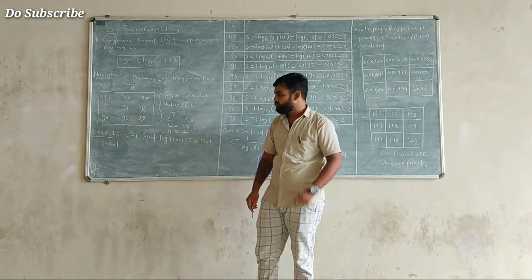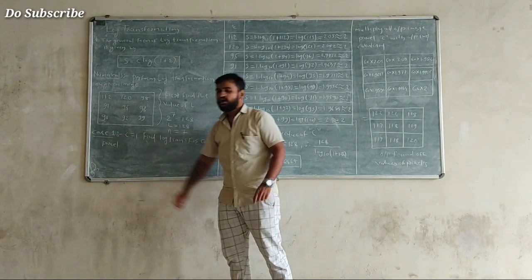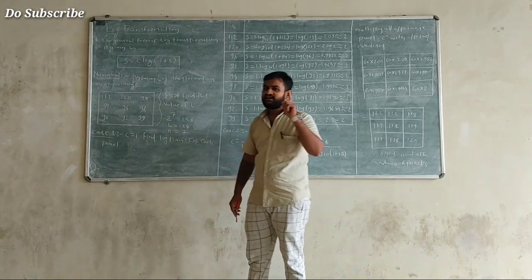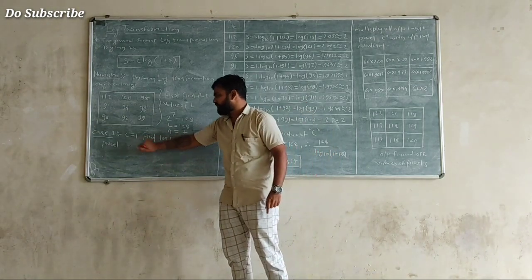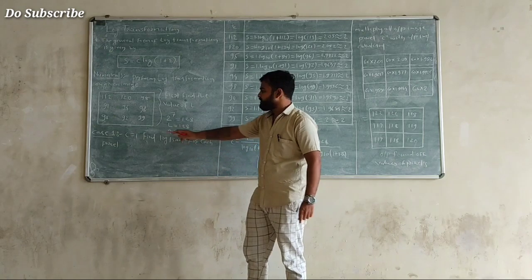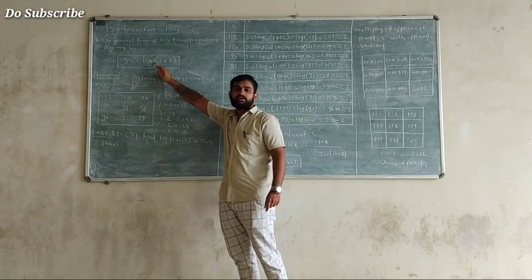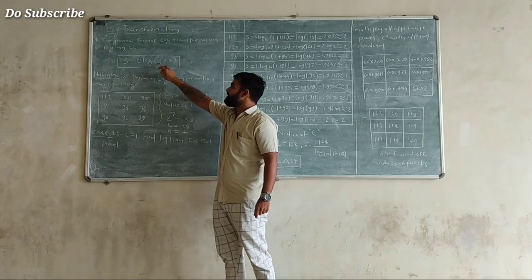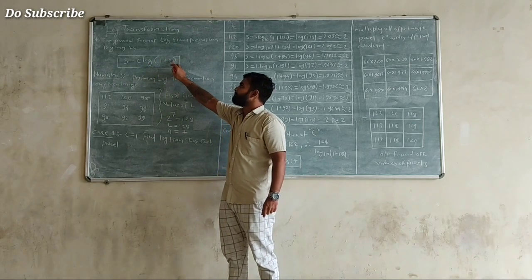Now what do we have to do? In case 1, we have to find out the value of C. In the first case, consider the value of C as 1, so we mention the value 1 in this formulation: 1 log of 1 plus the value of the input pixel.